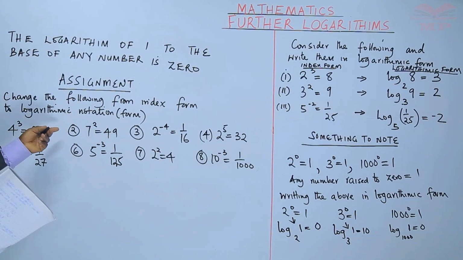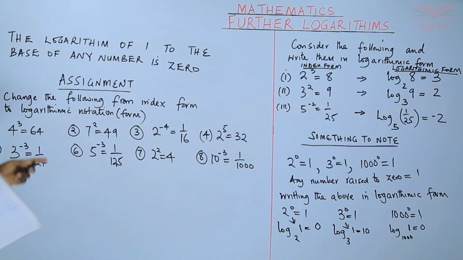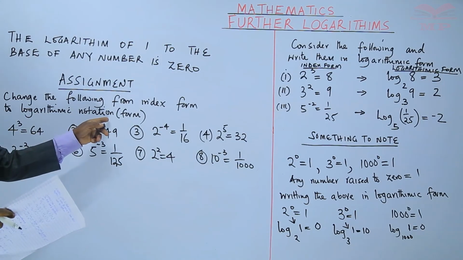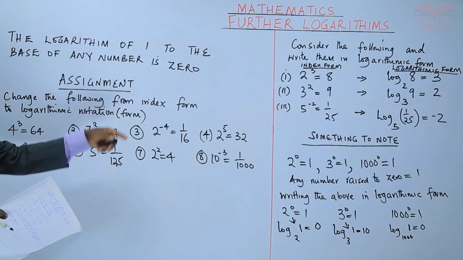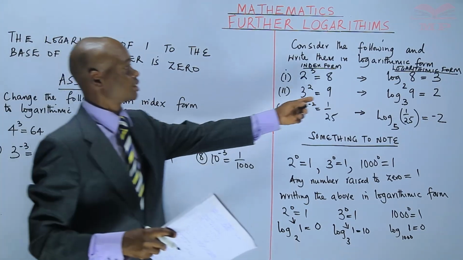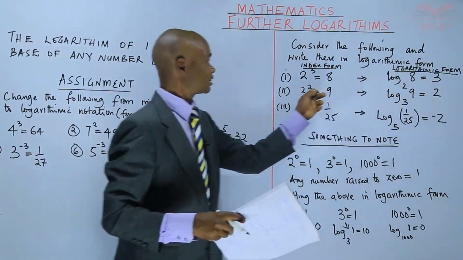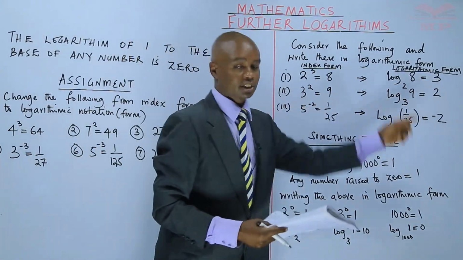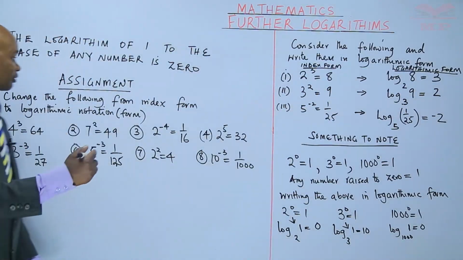It is simply for you to change the following from index form to logarithmic notation. Another word for notation can be form. You are now changing to this. I've given the index form, so change to logarithmic form.